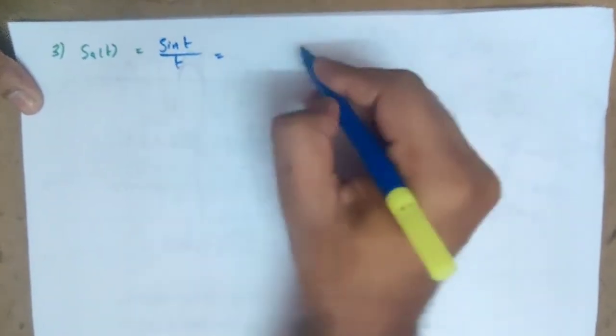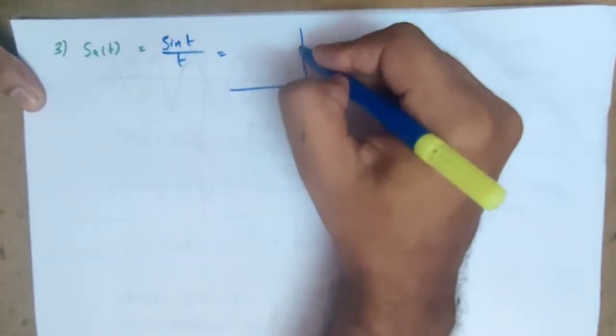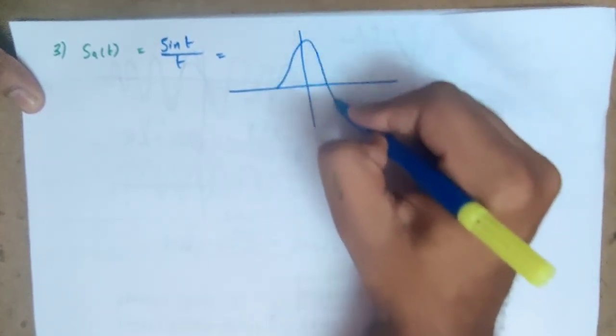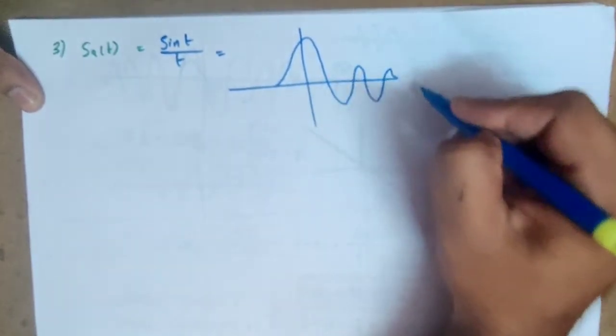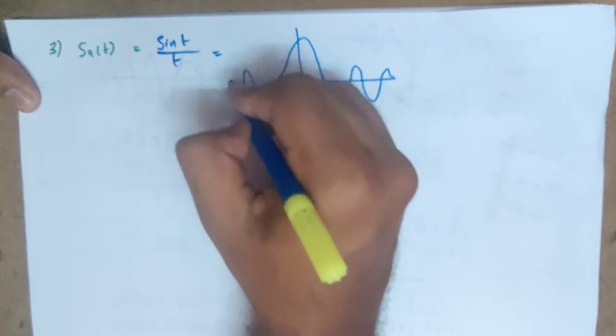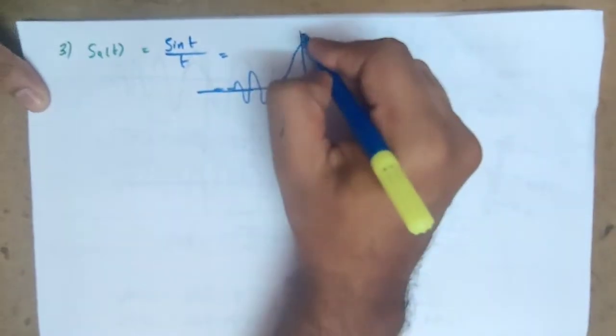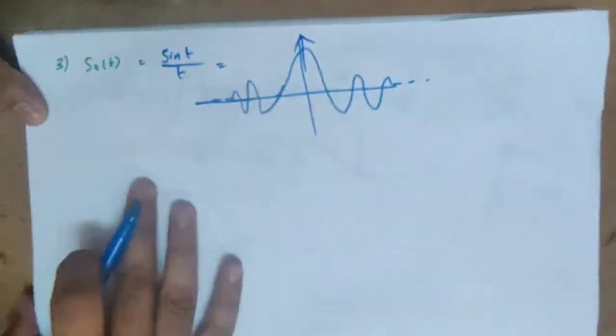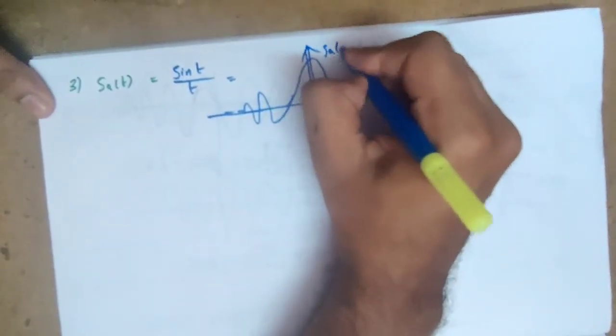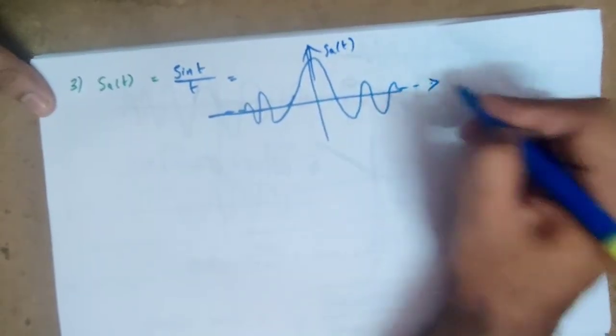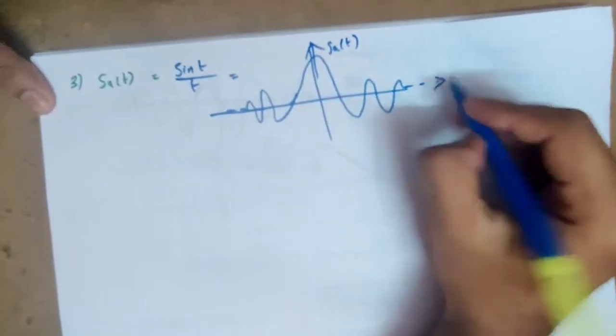So again the graph will be the same. However, we have seen it will be like this. This is the graph of both sampling of t and sinc of t, and this is the time axis.